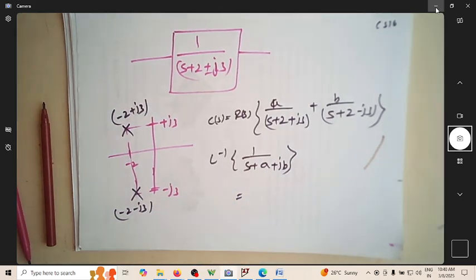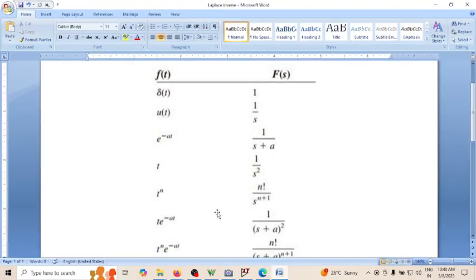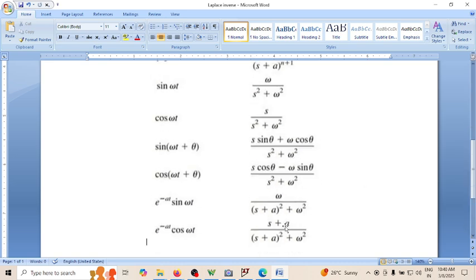So just have a look at this. Suppose you have something like this, if you have a complex term, of course this can be further written as so on.